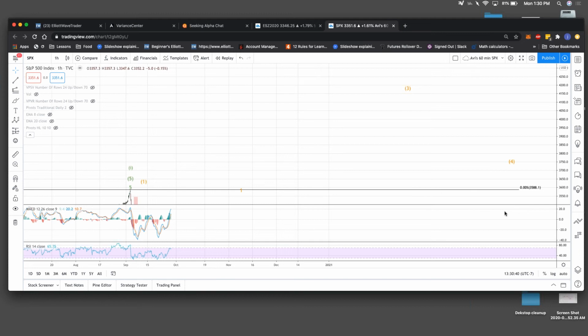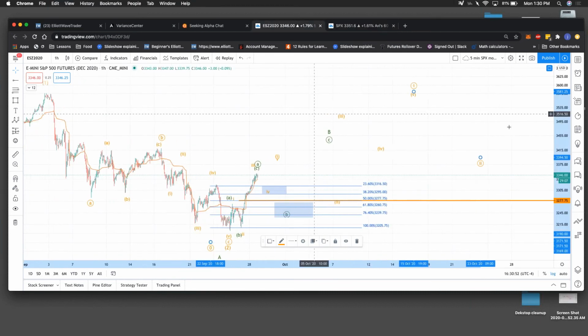Let's take a look and see what questions we have. Mike says, any reason why this can't be a 1-2-1-2? No, Mike, it could be a 1-2-1-2.